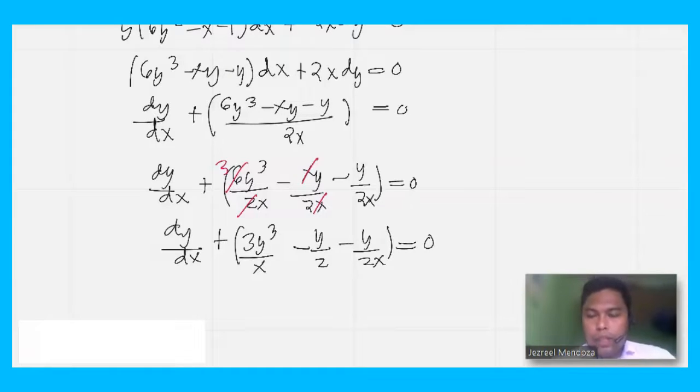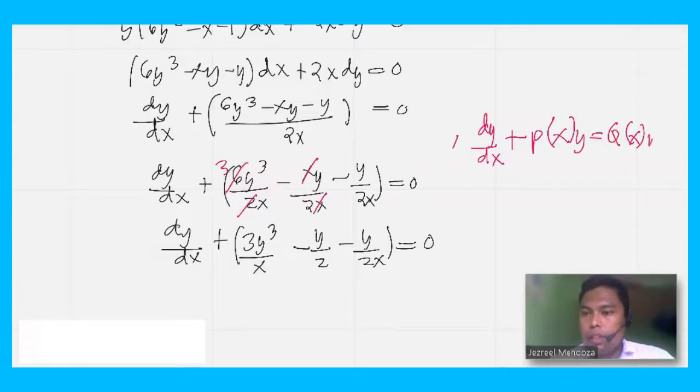From the property of Bernoulli equation, if we have the linear in y, this is the general form for Bernoulli equation: dy over dx plus P of x times y is equal to Q of x times y raised to n.